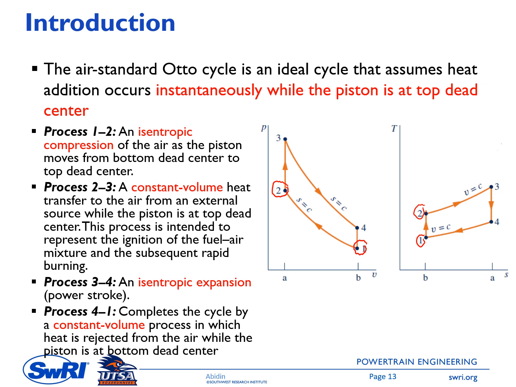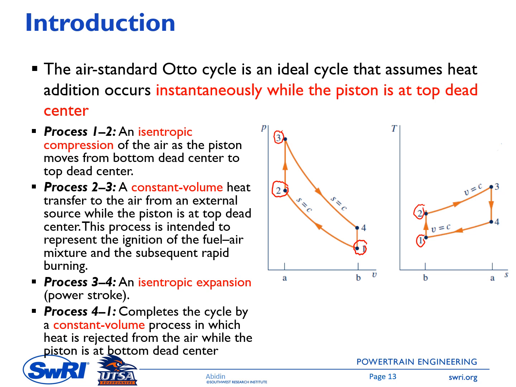Okay. The second process of the Otto cycle is process 2 to process 3. This is a constant volume process. You can see in the PV diagram that point 2 is connected to point 3 by a straight vertical line, so it means V2 equals V3.